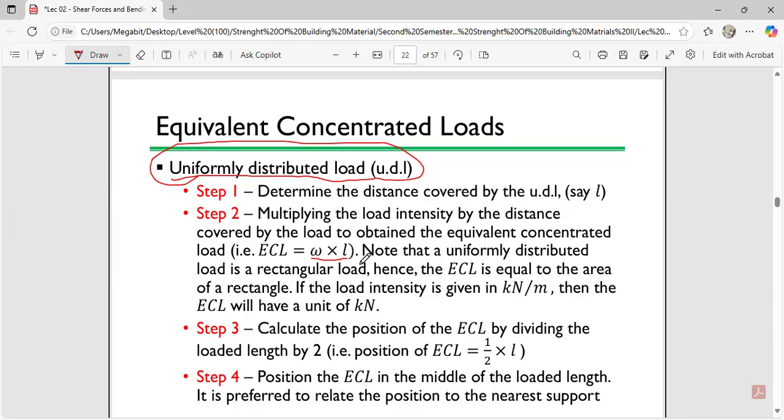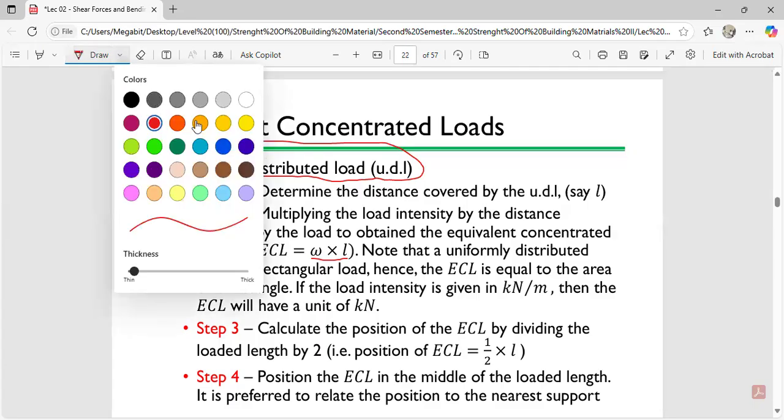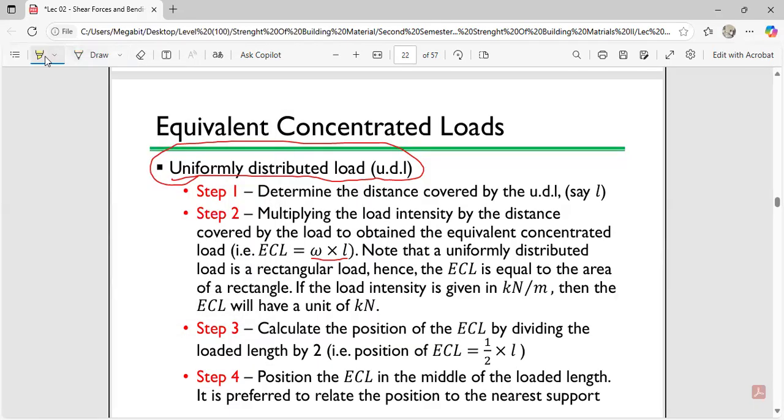Note that a uniformly distributed load is a rectangular load.